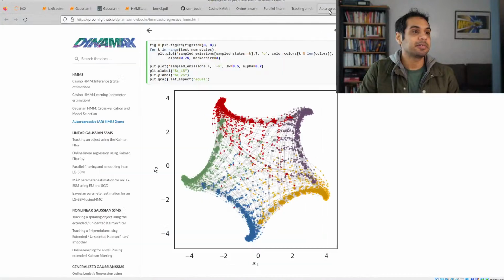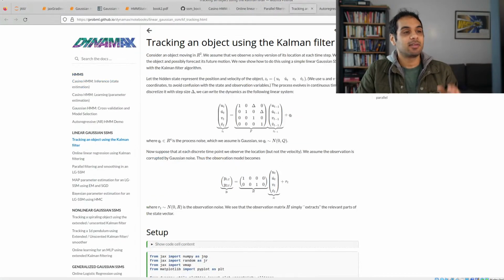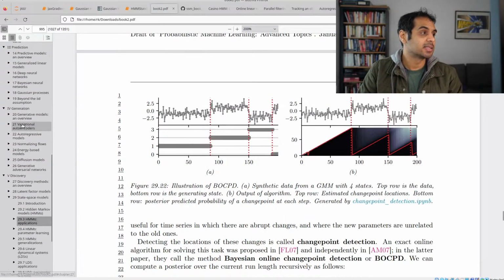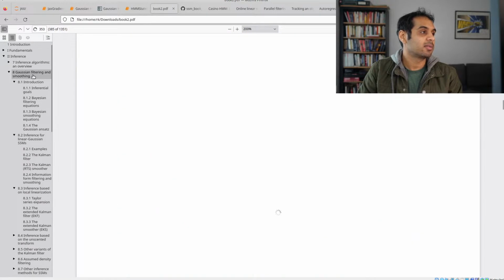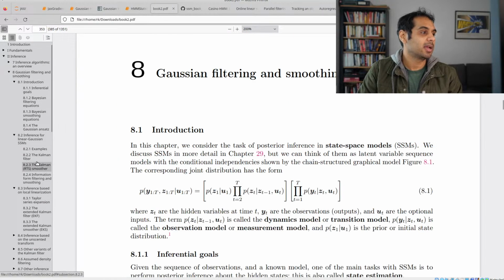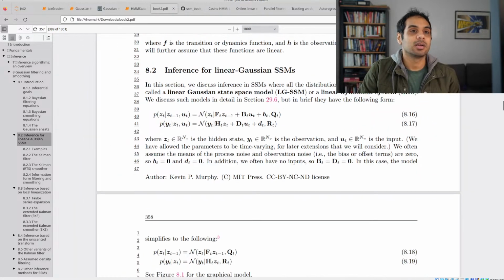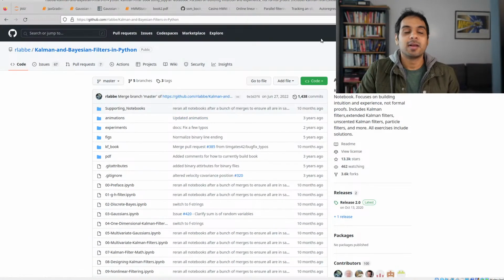So primary reading material is going to be these 3 notebooks, and then we will of course have Kevin's book, which we know and love, as one source of reference, chapter 8, and then chapter 8.2 in particular, and then also Kalman and Bayesian filters in Python.